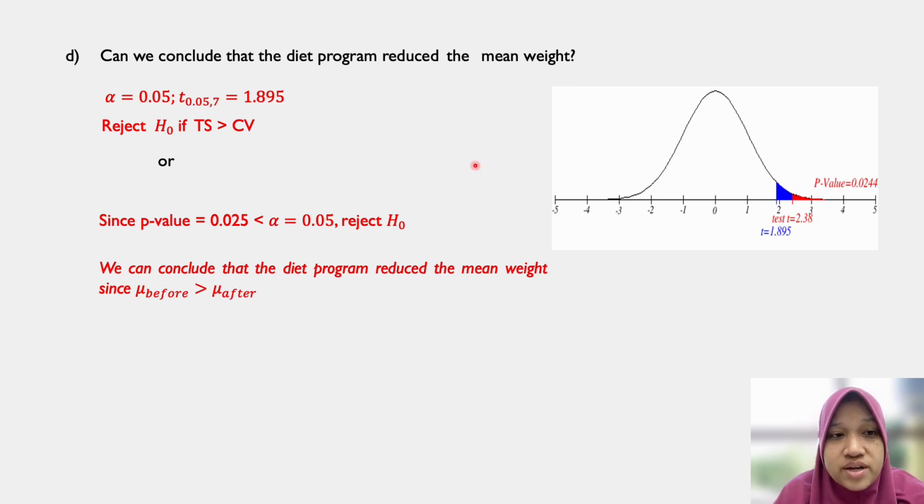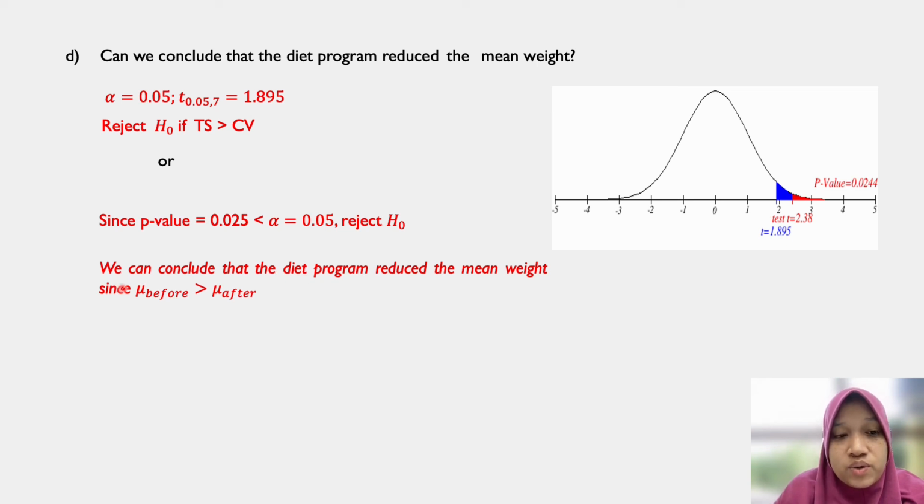If we look here, yes, our test statistic is 2.38, which is greater than the critical value 1.895, which means that the test statistic falls in the rejection region. Then we need to reject the null hypothesis.